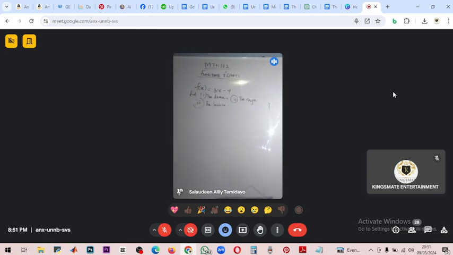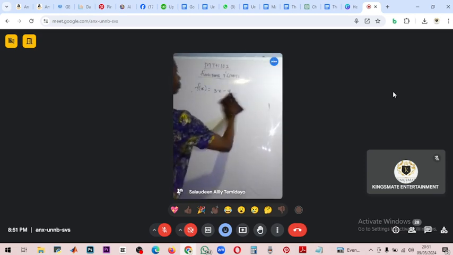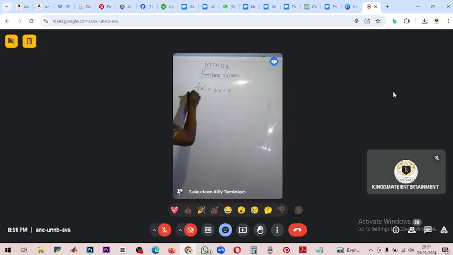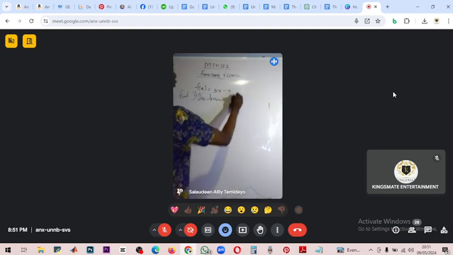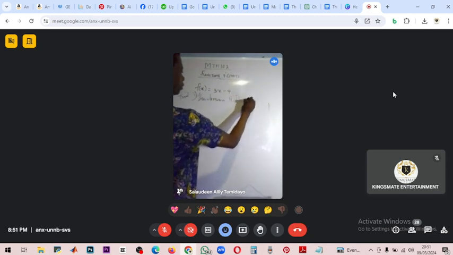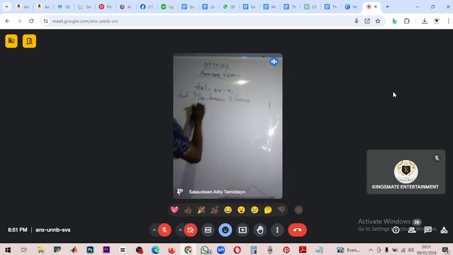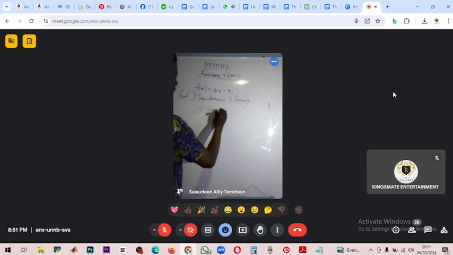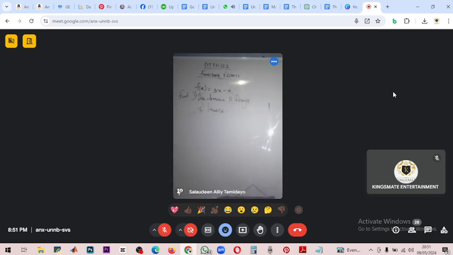I think my handwriting is too small. 1, find the domain. Find the range, and find the inverse. How do we look for the domain of a function?